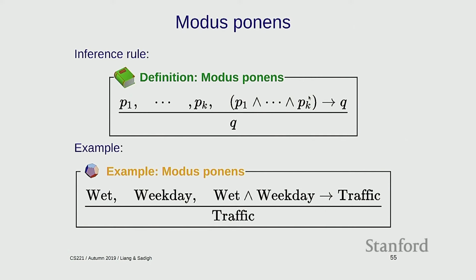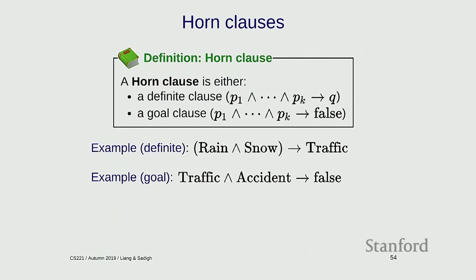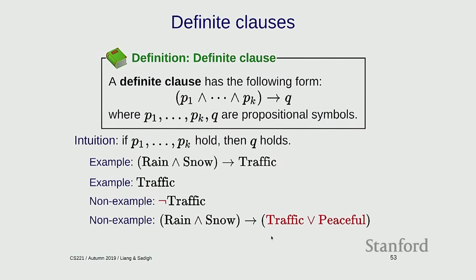The only way you can add a new propositional symbol is by matching a set of other things which you definitely know to be true and some rule that tells you Q should be true, and then you add Q to your knowledge base. The problem with more general clauses is, if you look at this, rain and snow implies traffic or peaceful, you can't just write down traffic or peaceful or both of them. You have to reason about how it could be either one, and that is outside the scope of what modus ponens can do.